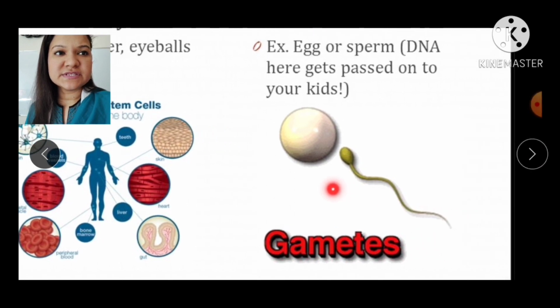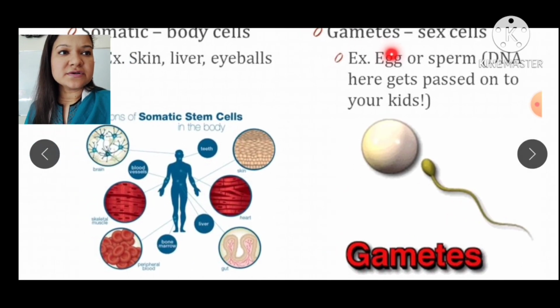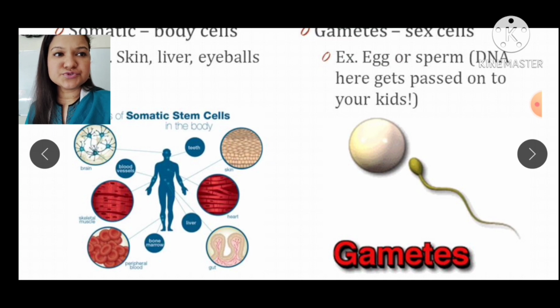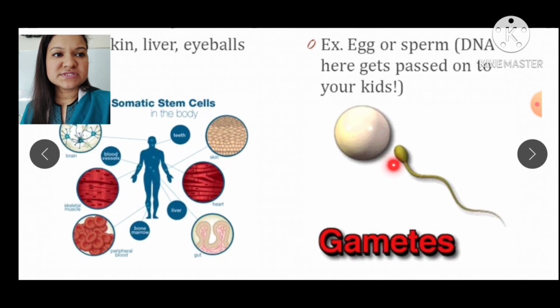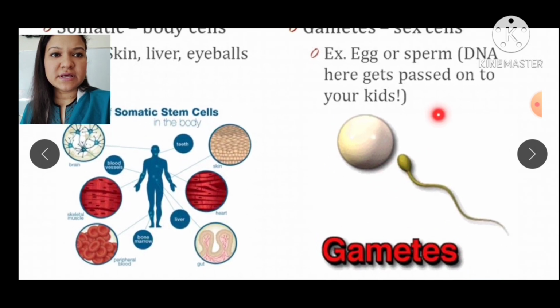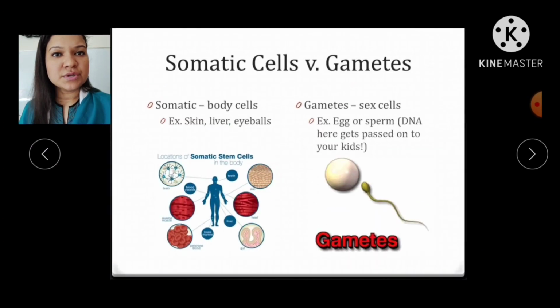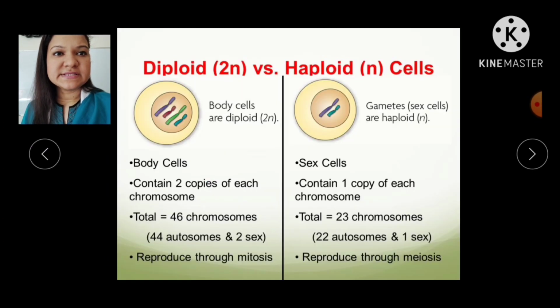And here you can see the egg or sperm. The DNA here gets passed on to our kids, that is sperm and ovum. These two cells are called gametic cells and the other cells are called somatic cells.